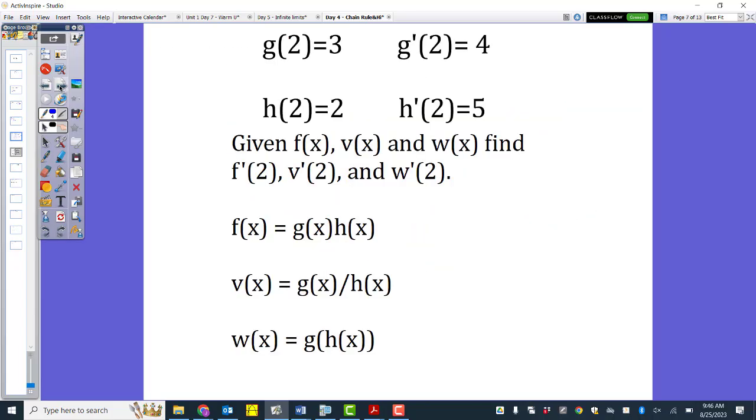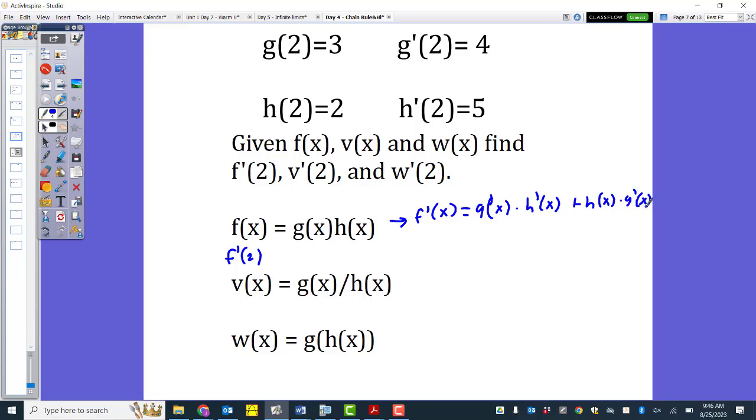Now we're also going to look at using these concepts when we don't have all the information. So we're given all this information about g and h, and we want to find these few derivatives. So the first one is f prime of 2. Well, what we need to find first is f prime of x. Well, that's product rule. We have g of x times h prime of x, plus h of x times g prime of x.